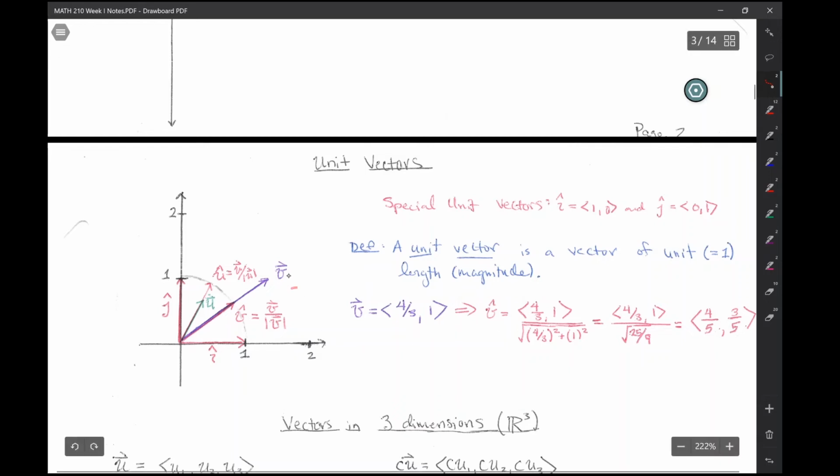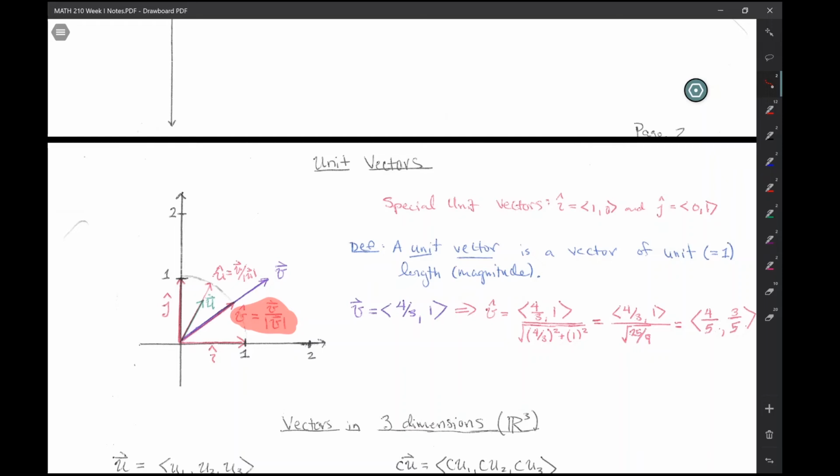Well, we could use this formula right there, and you just take the vector and you divide it by its magnitude. And dividing by its magnitude, what operation is that? What allows us to divide by a magnitude? Scalar multiplication.